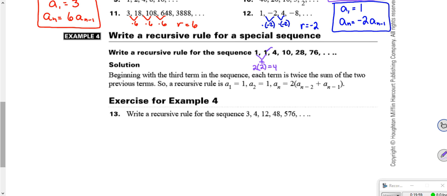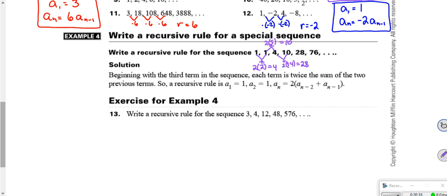So 1 plus 4 is 5. 2 times 5 is where I get 10. So again, this gets a little tricky. 4 plus 10 is 14. 2 times 14 is 28. So again, some of these require us to use the preceding two terms to get the job done. So that one was kind of tricky to see.